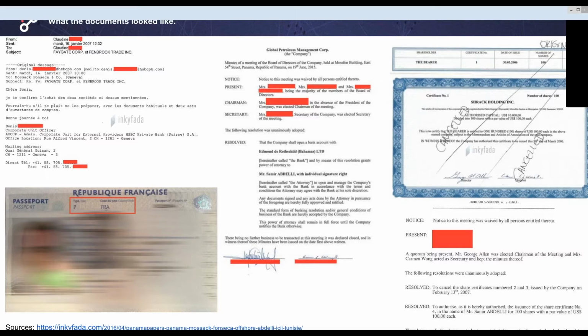On the bottom left we can see a copy of a passport, and on the right we can see a certificate proving that a person owns certain shares. And these are some of the different types of documents that were involved in the Mossack Fonseca leak.